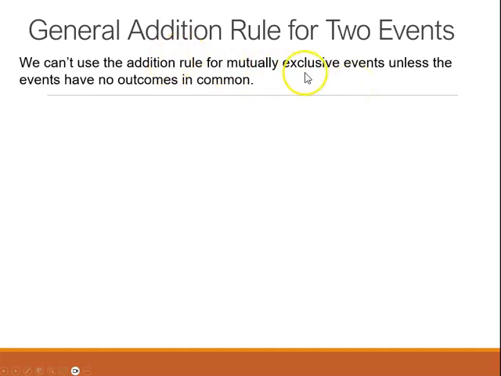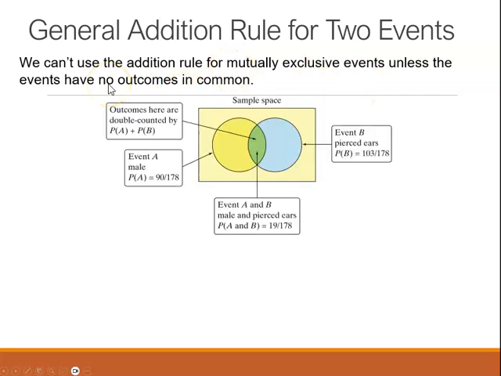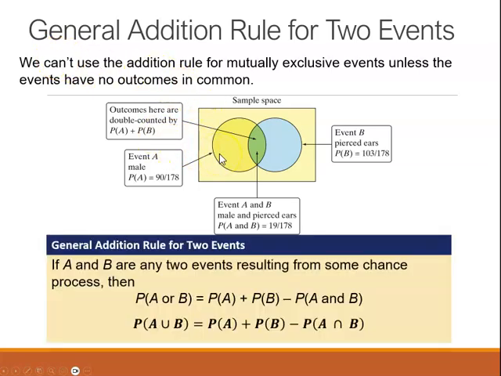We can use the addition rule for mutually exclusive events, or cannot use, right? So what do we do if we have overlapping events that are not mutually exclusive?